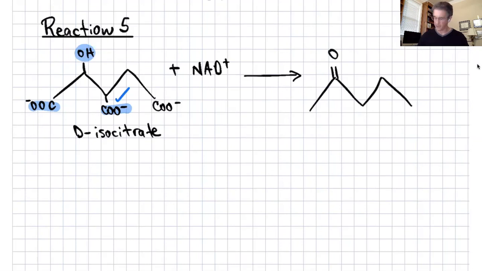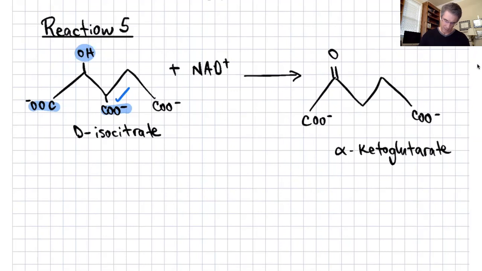The product of this reaction is this 5-carbon dicarboxylic acid, alpha-ketoglutarate. And again, keep your eye on the birdie. There are our carbons.